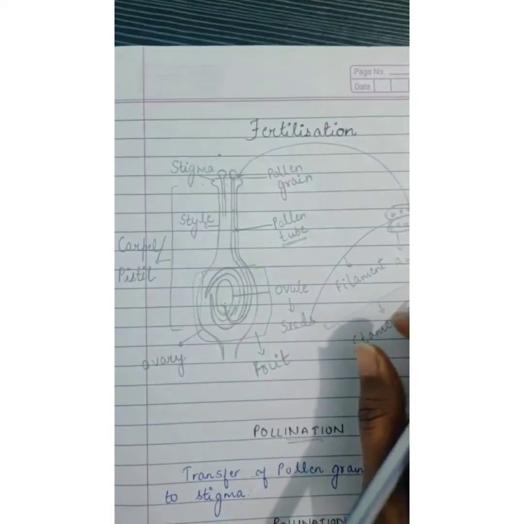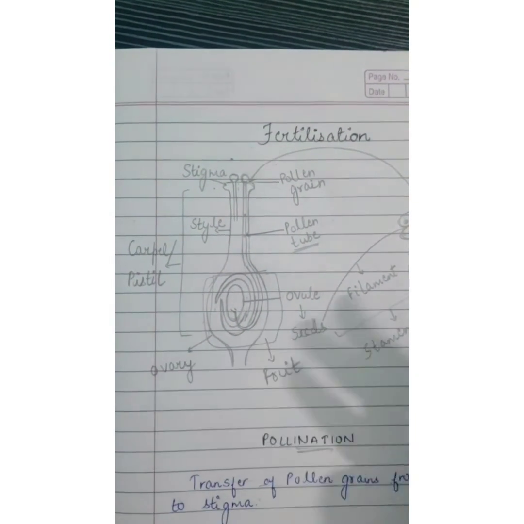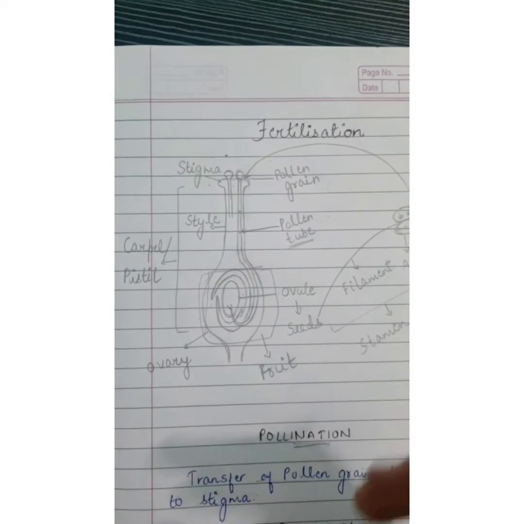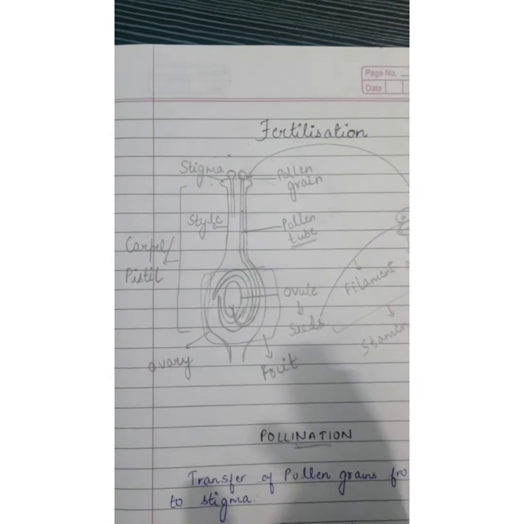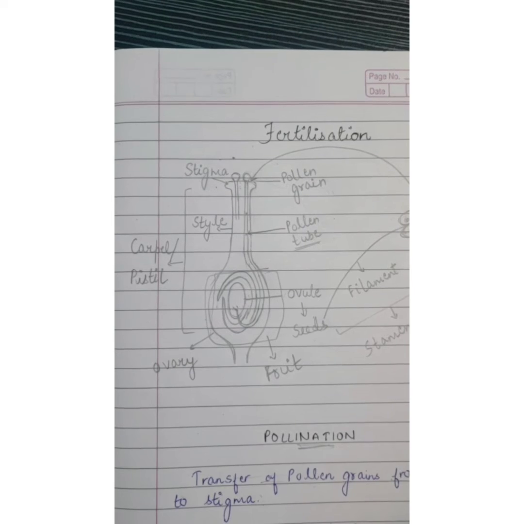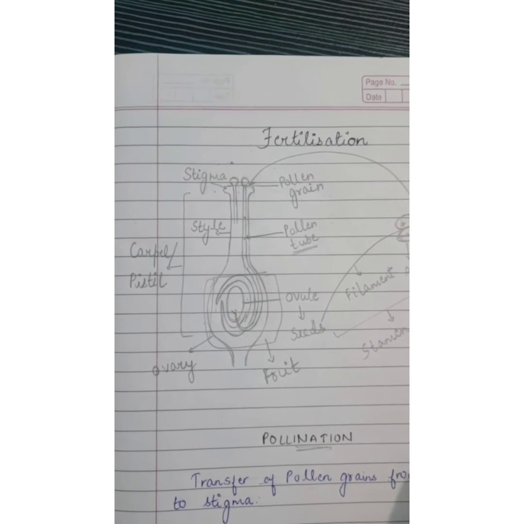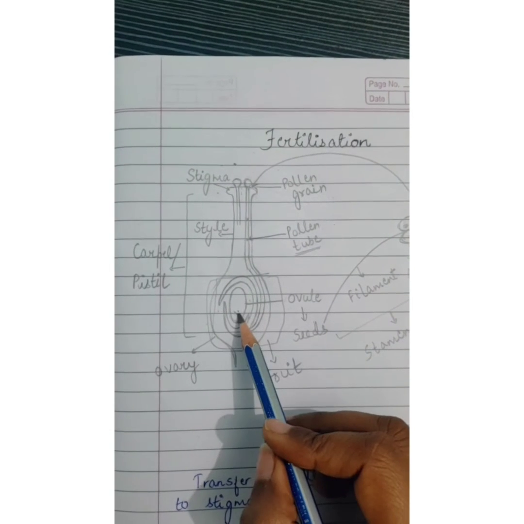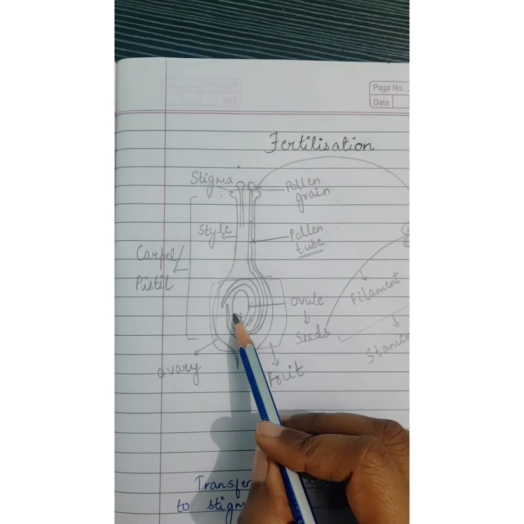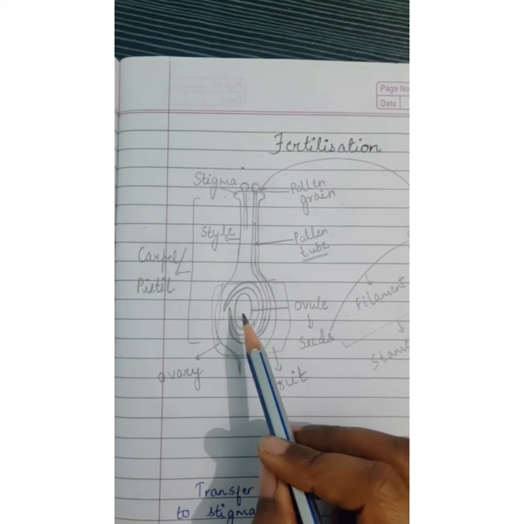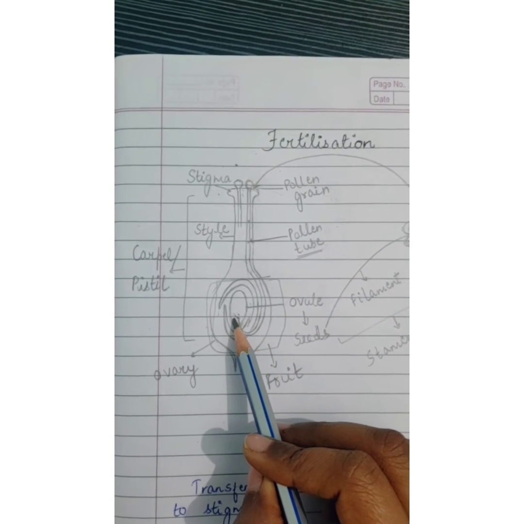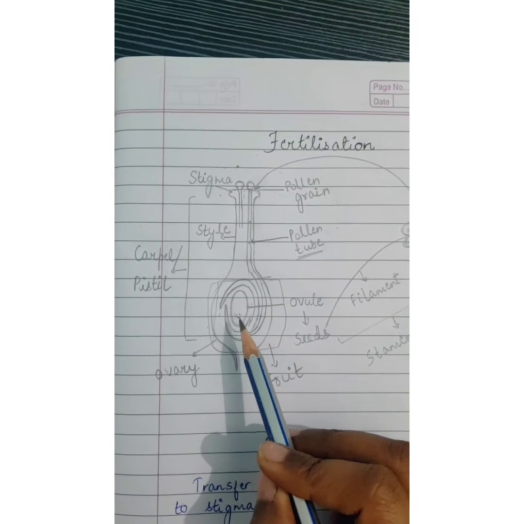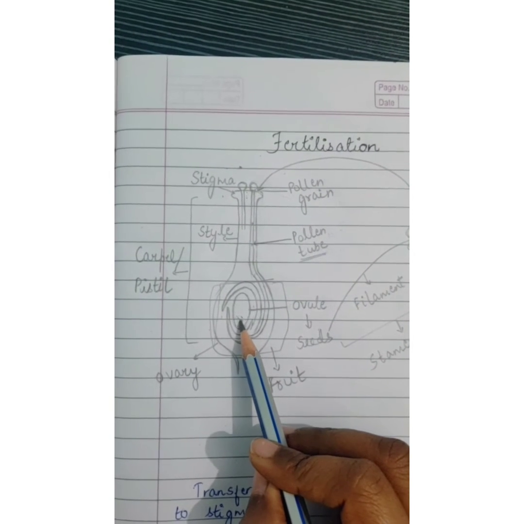The remaining non-reproductive parts like stamens, sepals, and petals all fall off. The ovule will enlarge, dry up, and develop into a seed which will contain a baby plant.